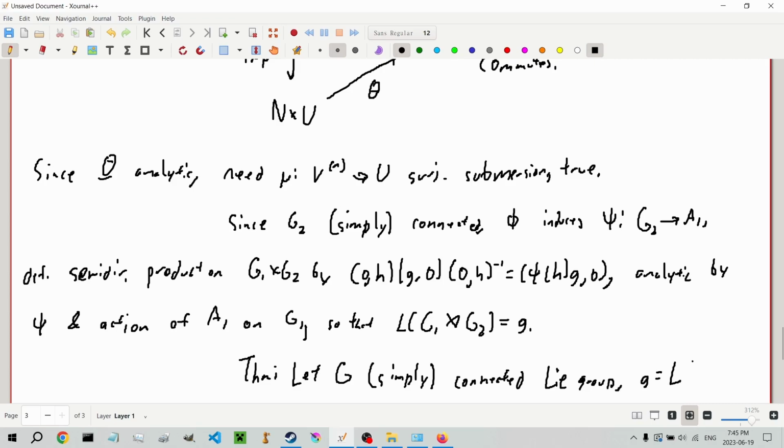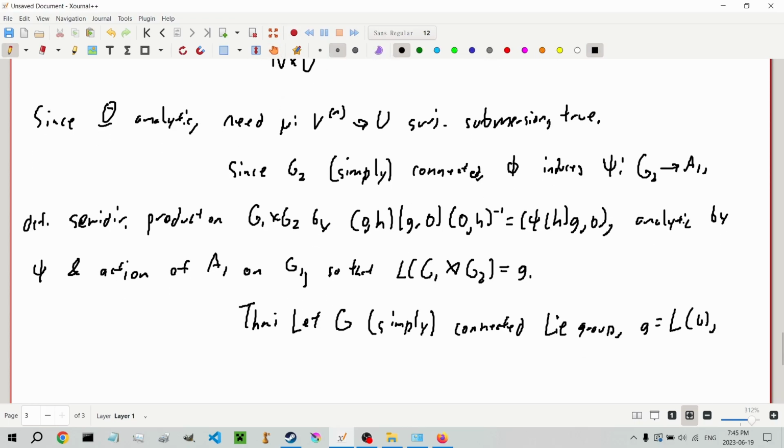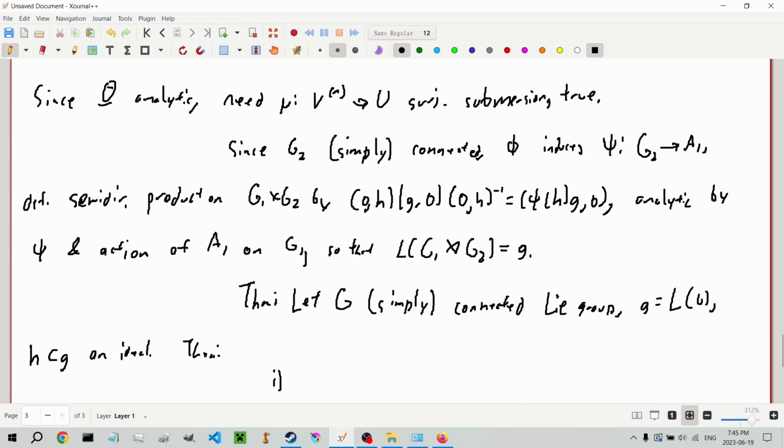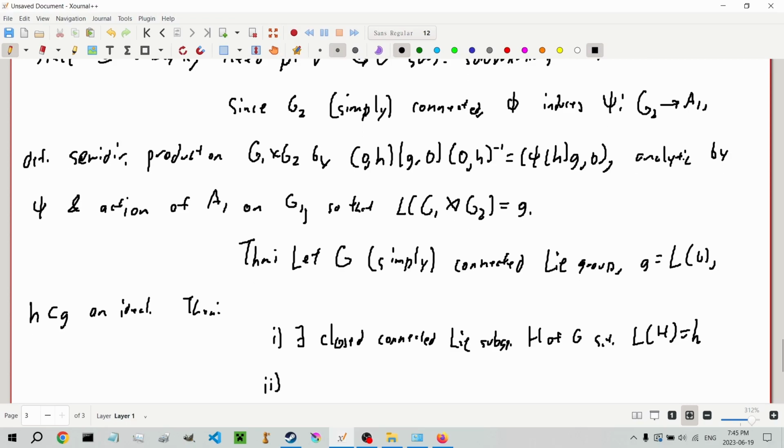Let G be its algebra and H an ideal of G. Then, first off, there is a closed, connected Lie subgroup H of G corresponding to our ideal H, and this H is also not only going to be connected but simply connected.